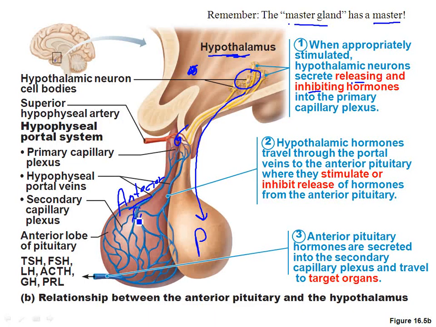Once it reaches the anterior pituitary, it causes the anterior pituitary to release different hormones. And then those hormones will leave the anterior pituitary into the blood and go out to their target organs. So we're going to talk about the different types of releasing hormones, the different types of inhibiting hormones, and the different types of hormones that the anterior pituitary actually makes and releases.